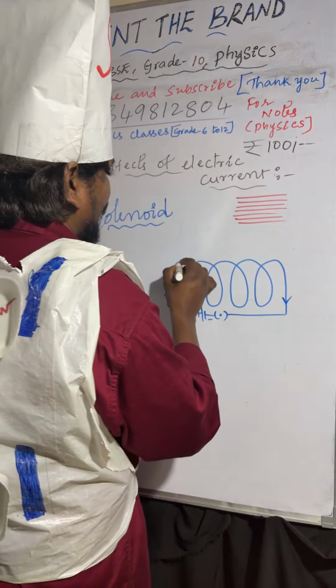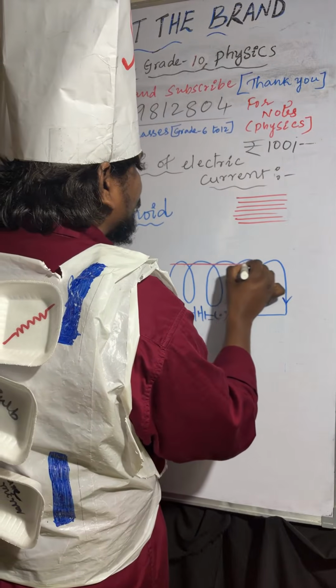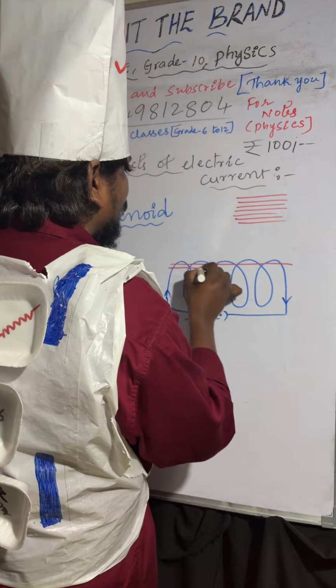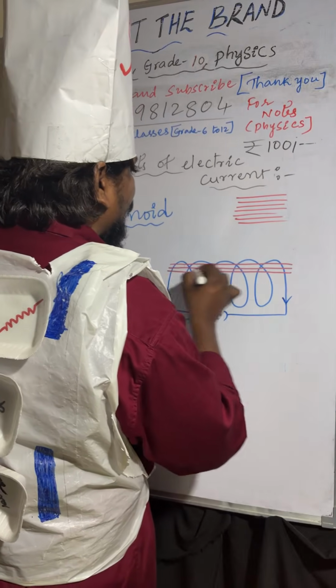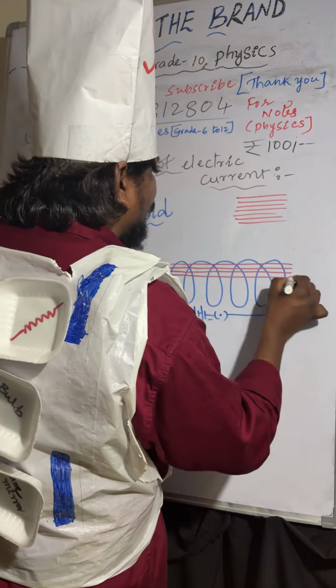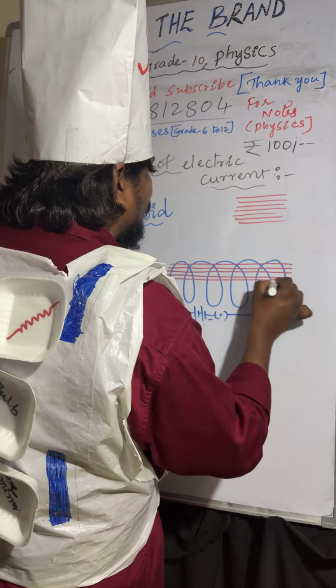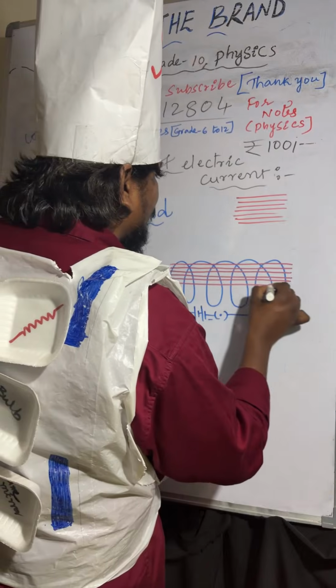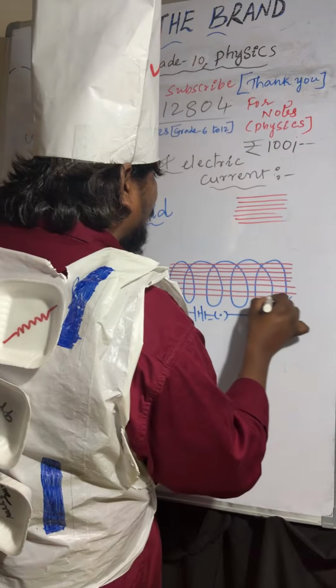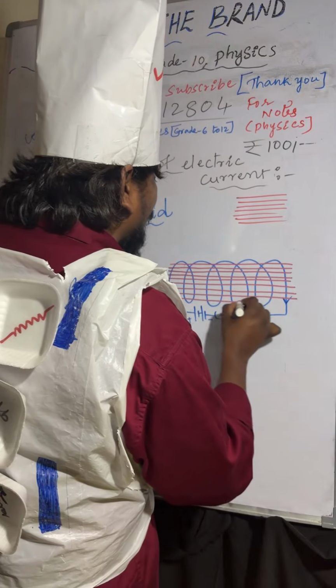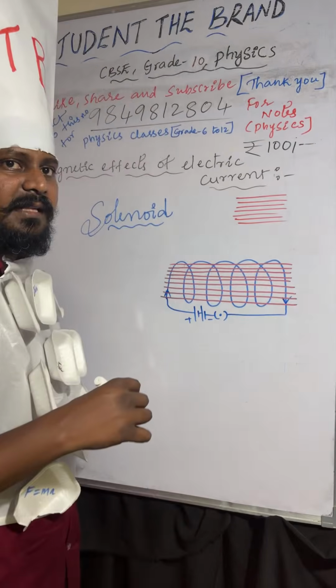So I am taking 9 lines: 1, 2, 3, 4, 5, 6, 7, 8 and 9. So these are 9 lines.